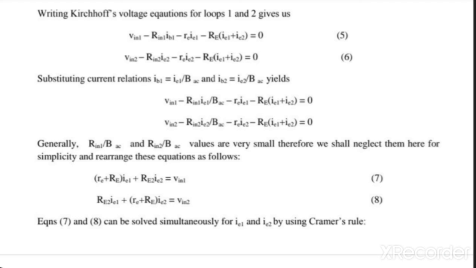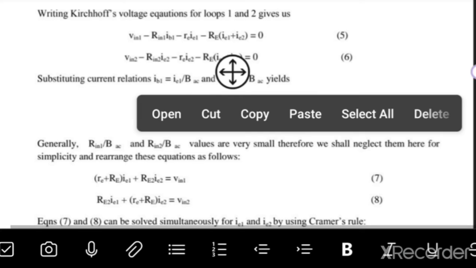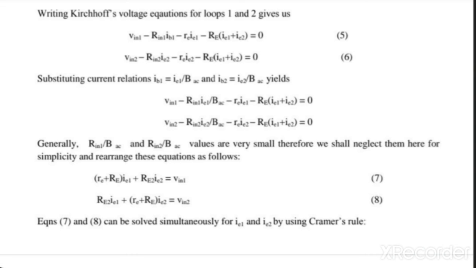Substituting IB1 is equal to IE1 divided by BAC and IB2 is equal to IE2 divided by BAC, we can write V input 1 minus R input 1 IE1 by BAC minus RE IE1 minus RE (IE1 plus IE2) equal to 0.